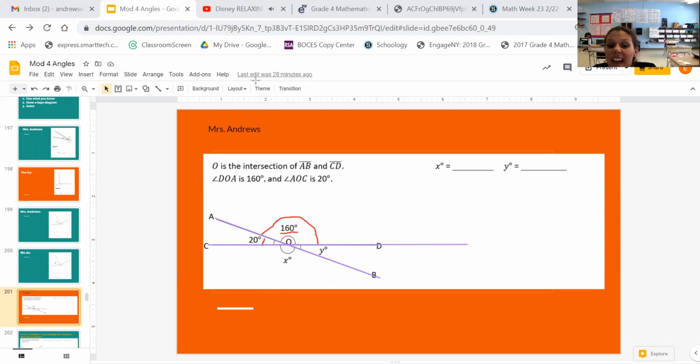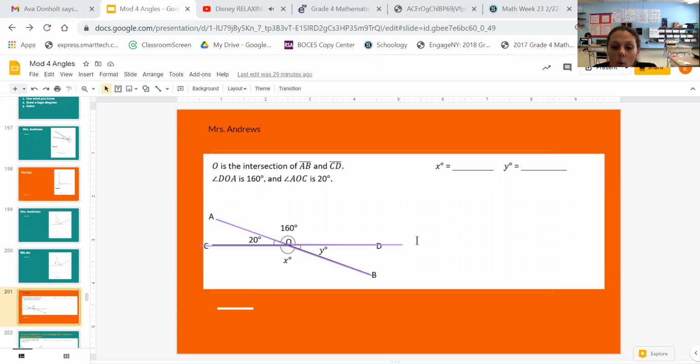Now, I want to tell you something else that's really important. Angles, if they are opposite of each other, see how they intersect right here, which means on this side, angle AOD, the opposite angle, which is BOC, it's the same value. It's congruent or equal. When I say congruent, you say equal. Congruent, equal, which means it's worth the same value.